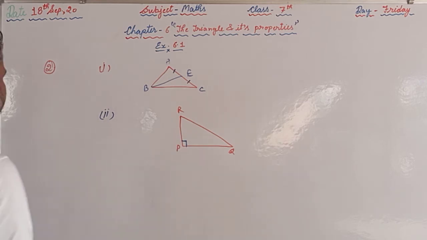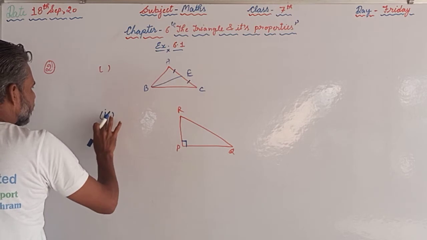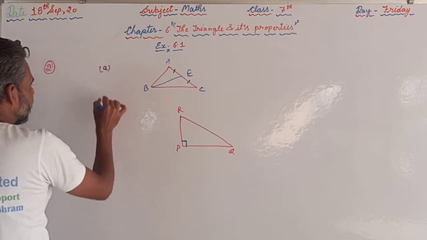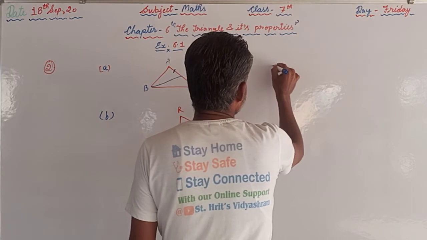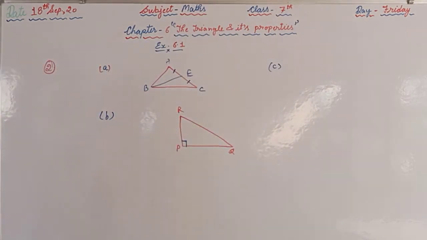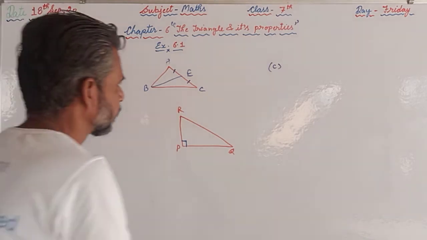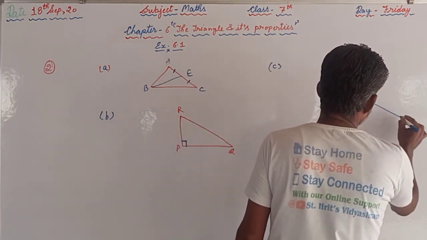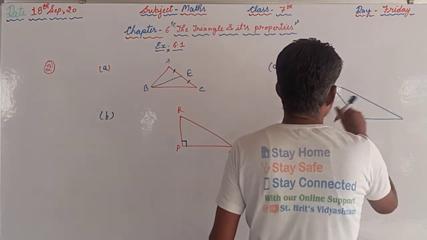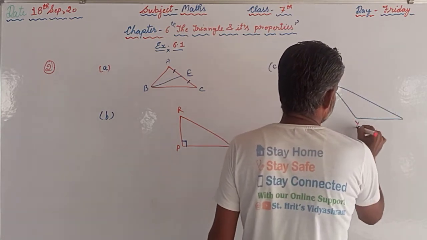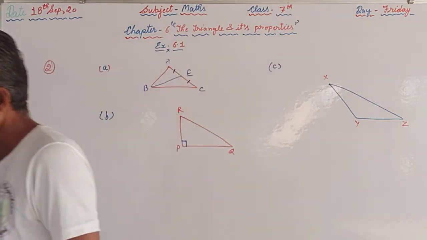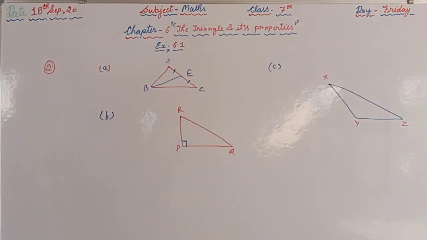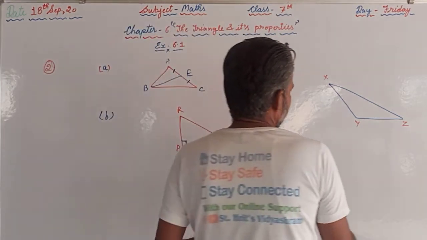And the third one, that is A, B, and now C. In the C1, in triangle XYZ, that is X, Y, Z, YL is the altitude.